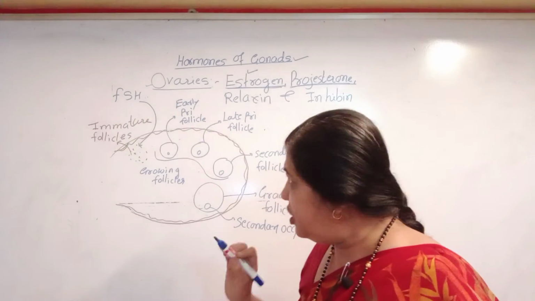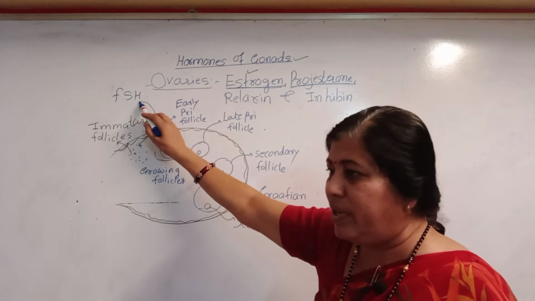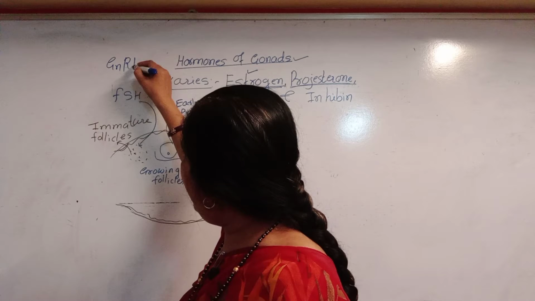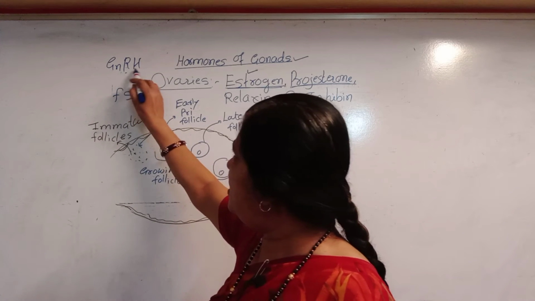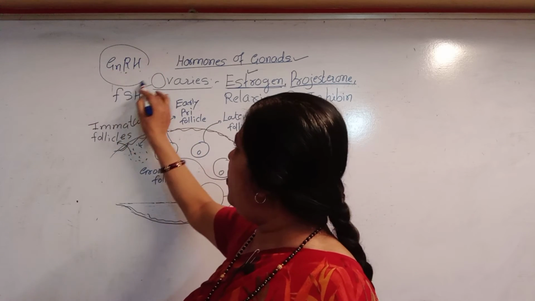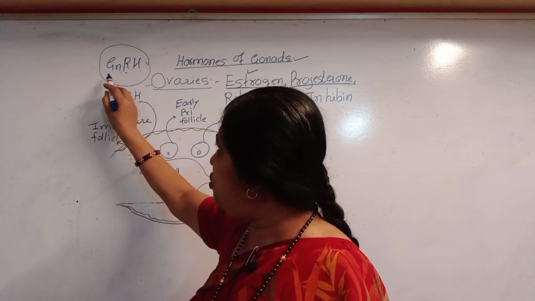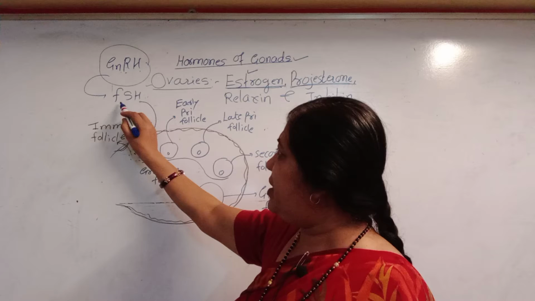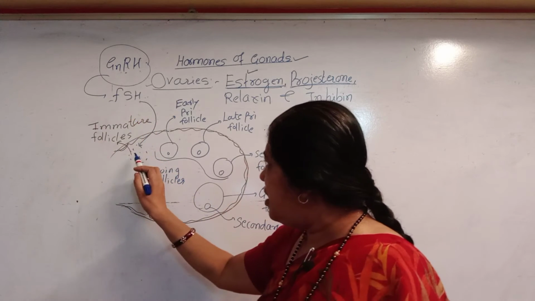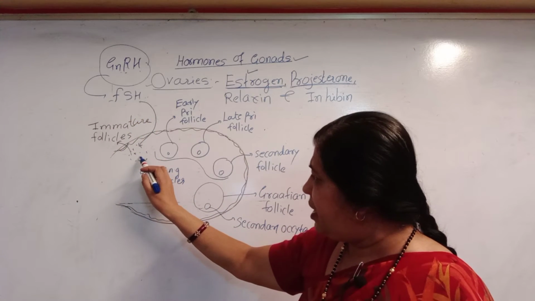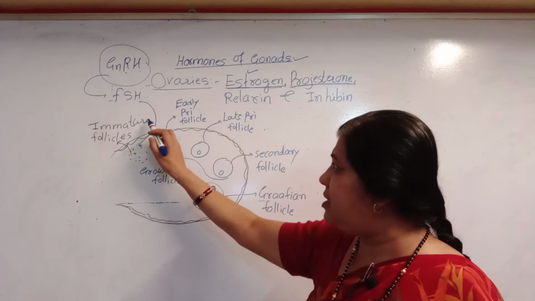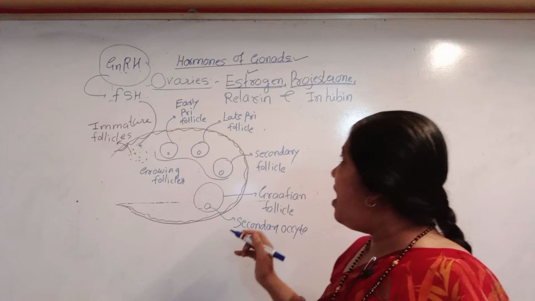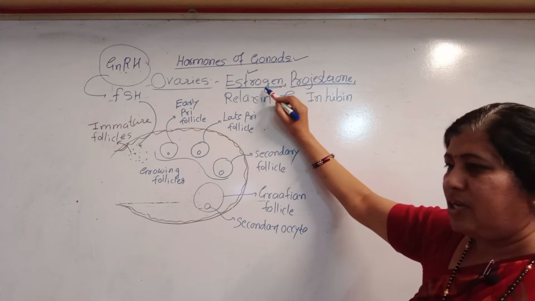And which hormone is responsible for the release of FSH? That is GnRH, gonadotropin releasing hormone, by hypothalamus. This hormone stimulates anterior pituitary for secretion of FSH, and FSH stimulates immature follicles for their maturation, as well as stimulates growing follicles to secrete the female hormone, estrogen.